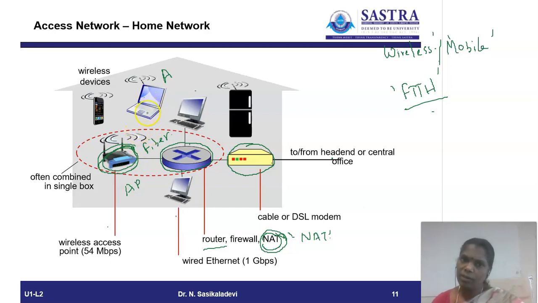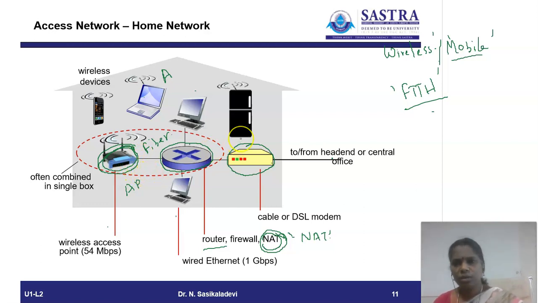Movement. If you take the laptop from your home to the neighbor's home, is it still possible to continue your internet access? No, ma'am. So here it allows wireless, but it won't allow mobility. But take your cellular network, your telephone: wherever you go, 4G or 5G connectivity.